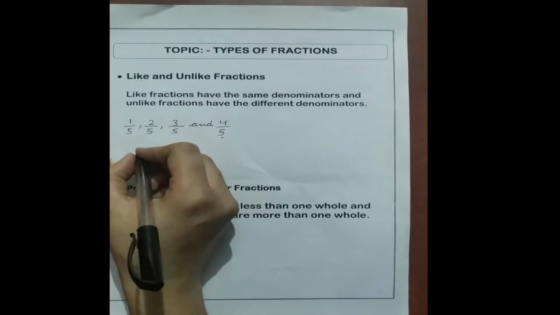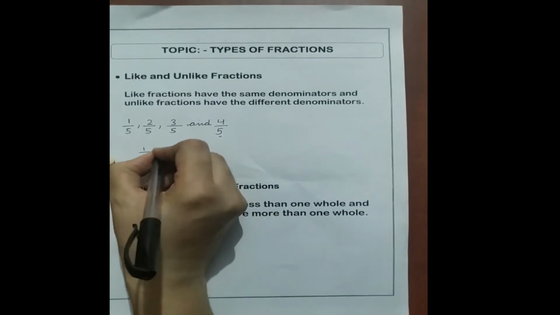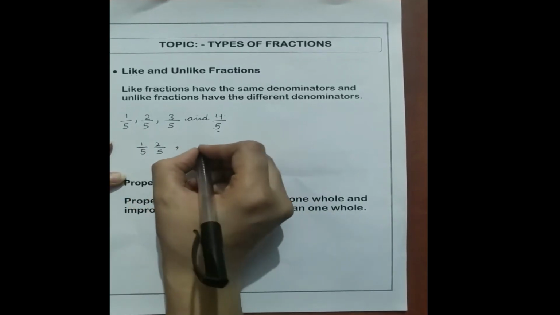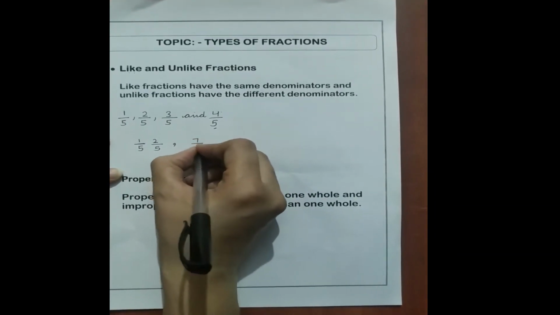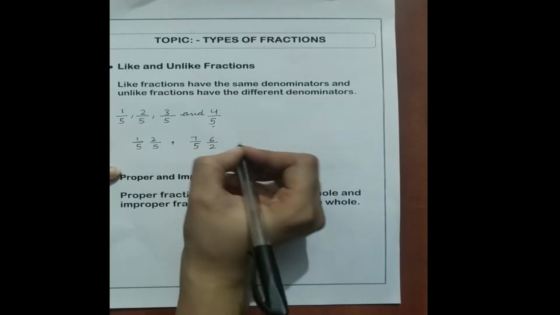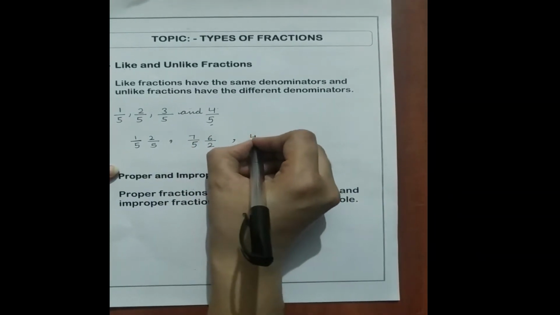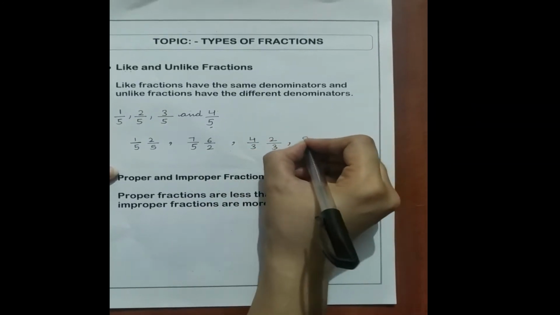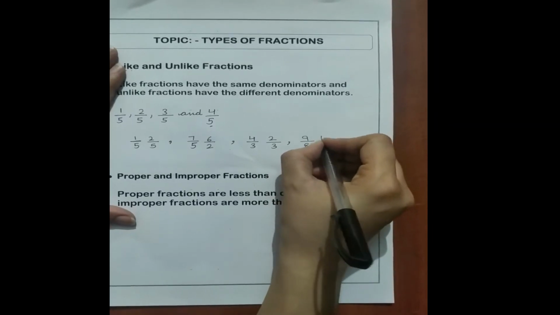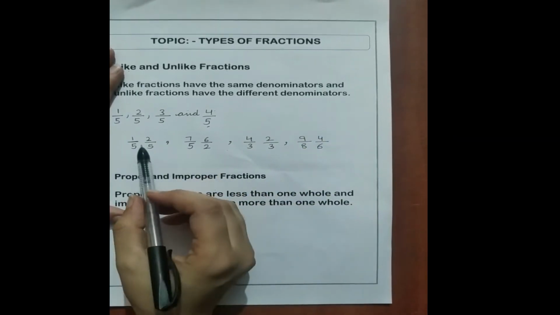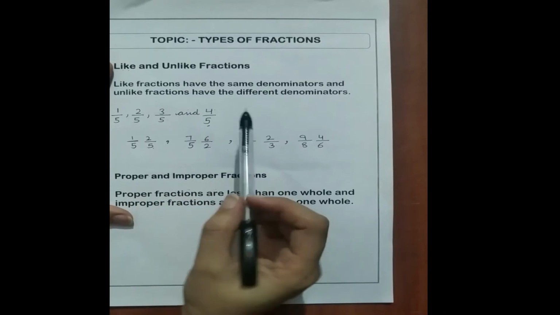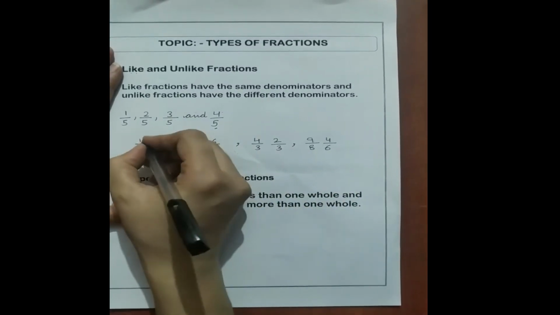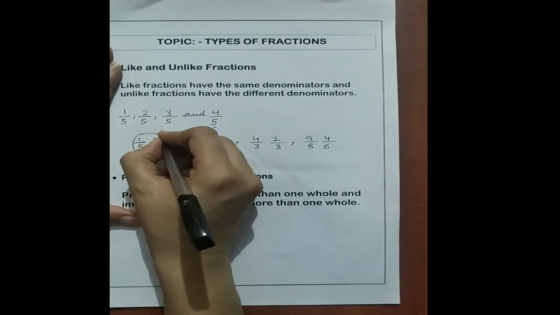Let's take one example. 1 by 5, 2 by 5, 7 by 5, 6 by 2, 4 by 3, 2 by 3, 9 by 8, 4 by 6.